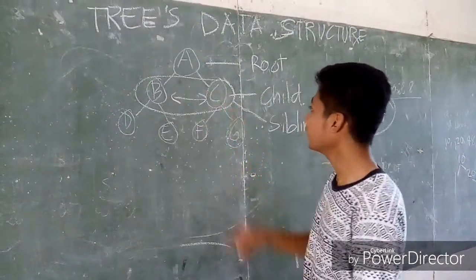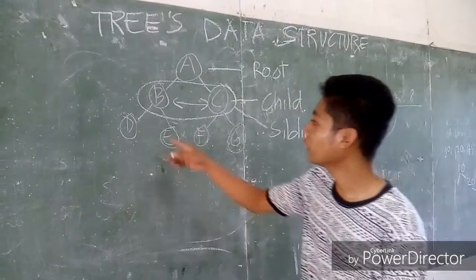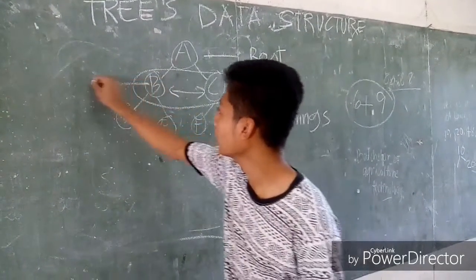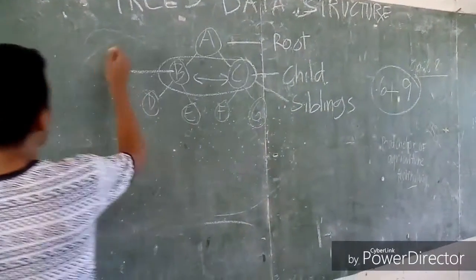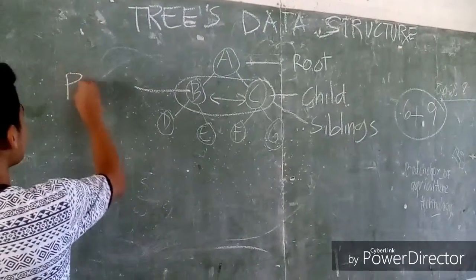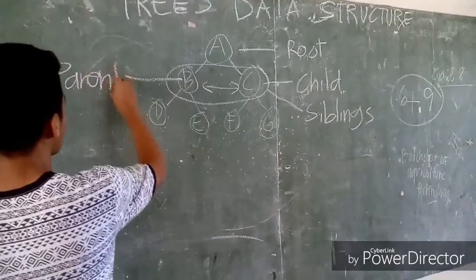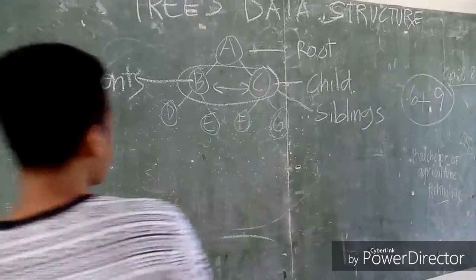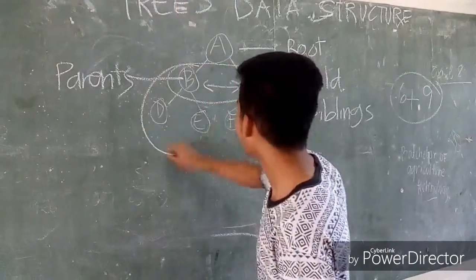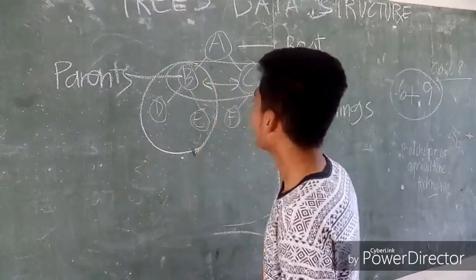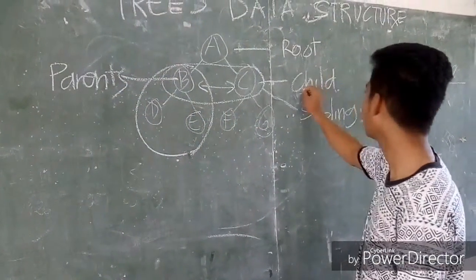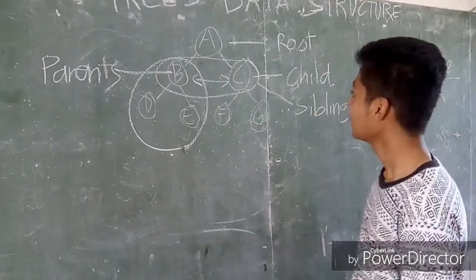Since B and C have their own child, we can call them parents. So what is a subtree? Subtree is here, it has a parent, child, and siblings.